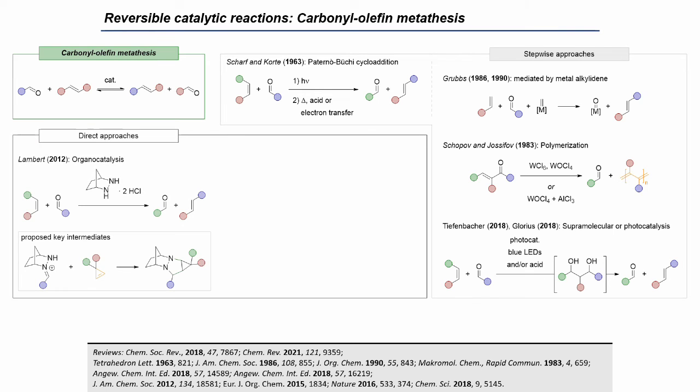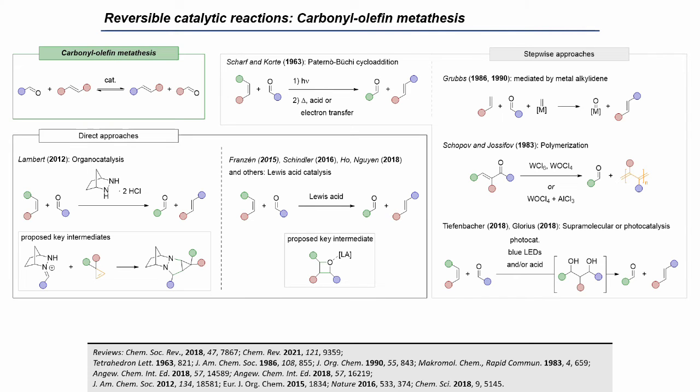The first catalytic approach for the direct carbonyl-olefin metathesis was realized by Schindler in 2012 based on an organocatalytic approach. The hydrazine-based catalyst is proposed to engage with the carbonyl and the alkene in a [3+2] cycloaddition to initiate the overall transformation.